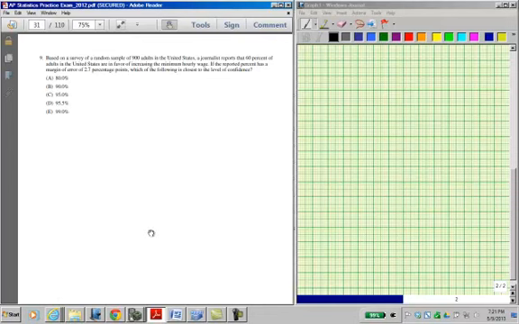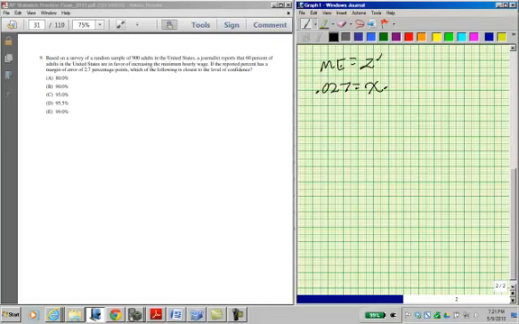All right, now the way you're going to do this: 0.027 equals Z star times, and we use the formula, margin of error equals Z star times the square root of PQ over N. So we have to find Z star.